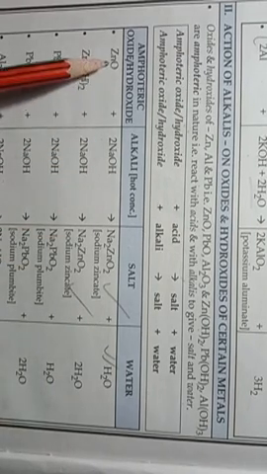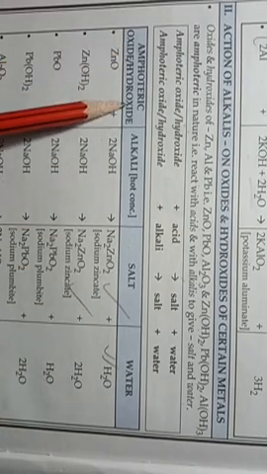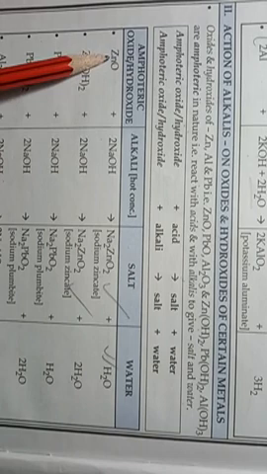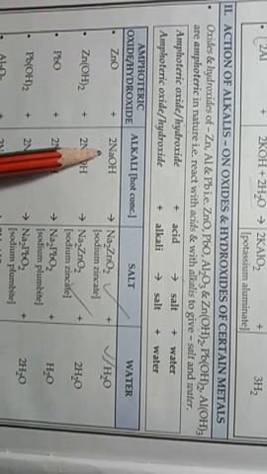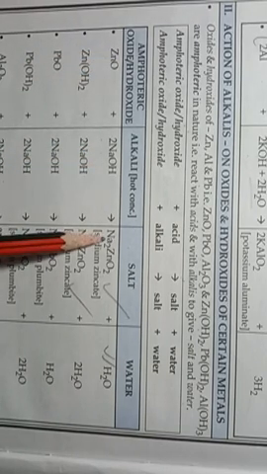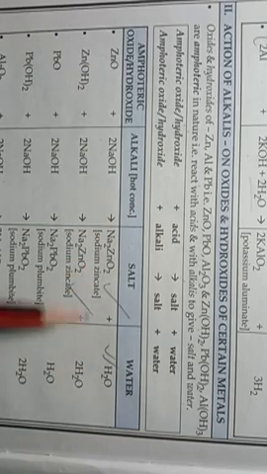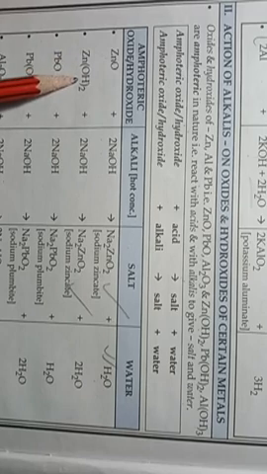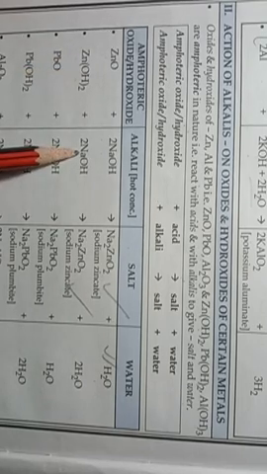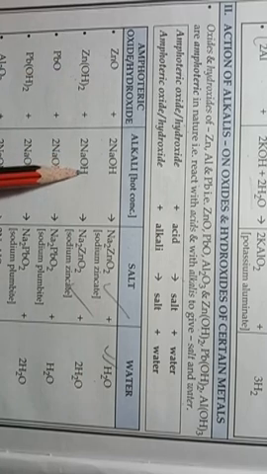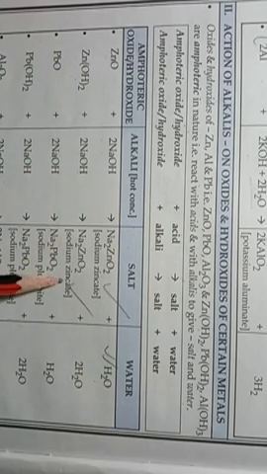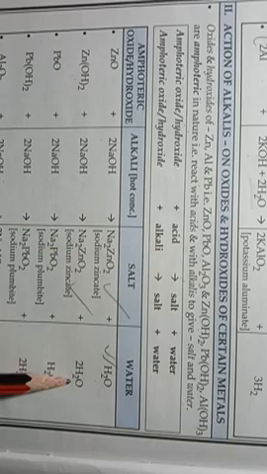So an amphoteric oxide or hydroxide like zinc oxide, which is an amphoteric oxide, when reacting with sodium hydroxide forms sodium zincate plus water. And in the same way, zinc hydroxide, which is an amphoteric hydroxide, reacts with sodium hydroxide forming sodium zincate and water.